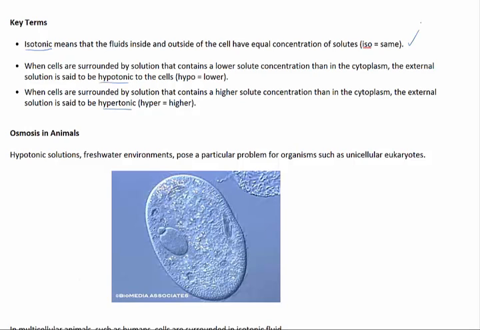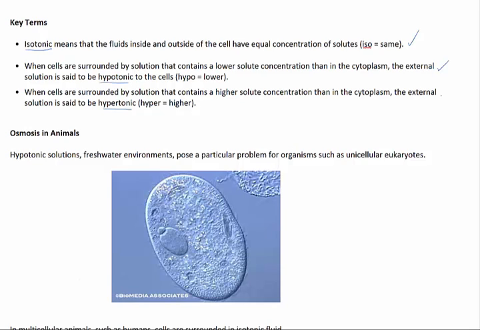When cells are surrounded by a solution that contains a lower solute concentration than in the cytoplasm, the external solution is said to be hypotonic to the cells. Hypo equals lower. In this case, water molecules will diffuse through the membrane into the cell because it is moving down a concentration gradient.